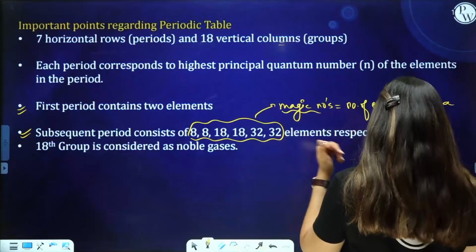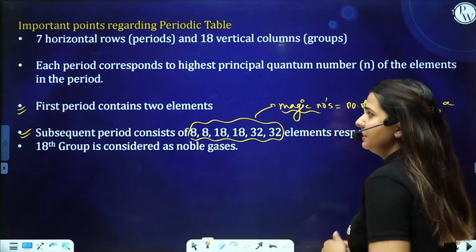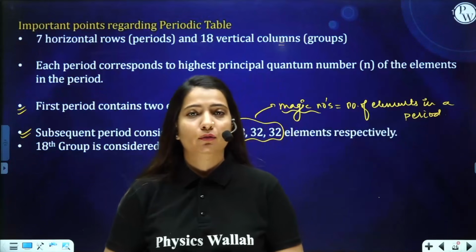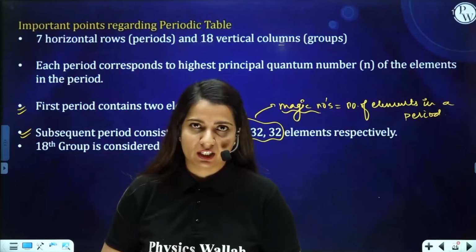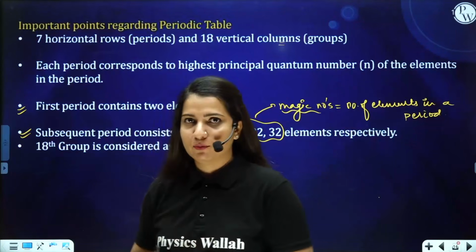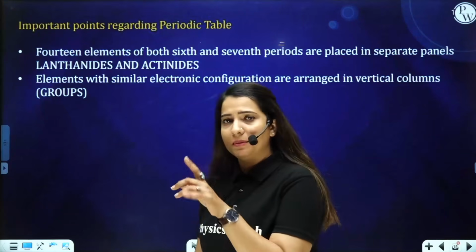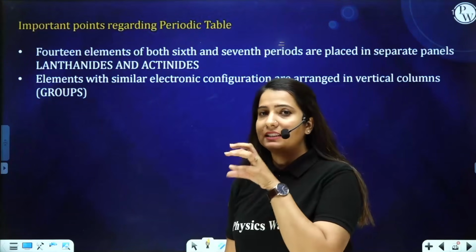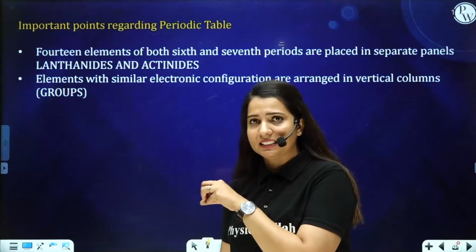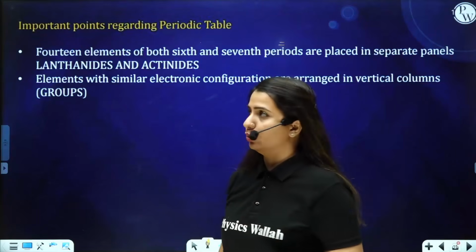How do you get to know that these elements are present? That will be discovered when you know the electronic configuration of S, P, D and F block elements. And after that, we have the 14 lanthanides and the 14 actinides. You should know where exactly they are present in the periodic table, right?